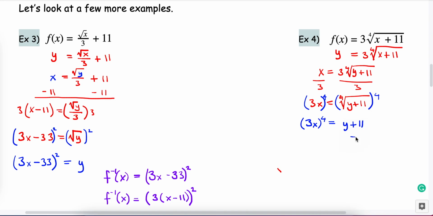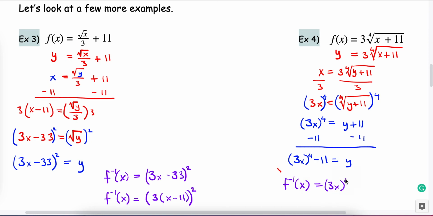And we're going to subtract 11 from both sides. That's going to give us x over 3 to the 4th power minus 11 equals y. And so, based on that, replace it back in with f inverse of x equals x over 3 to the 4th power minus 11.